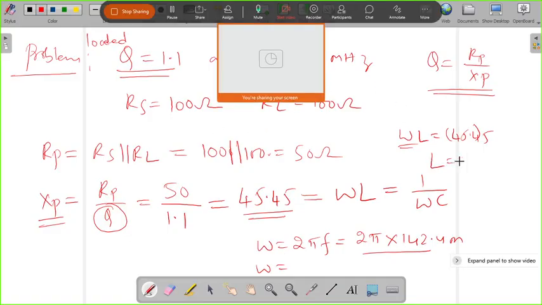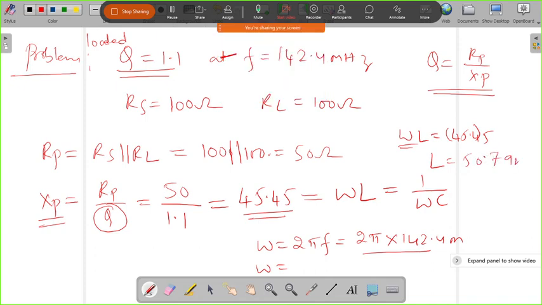L is 50.79 nanohenry. And similarly you calculate the capacitor. What is the value of capacitor?